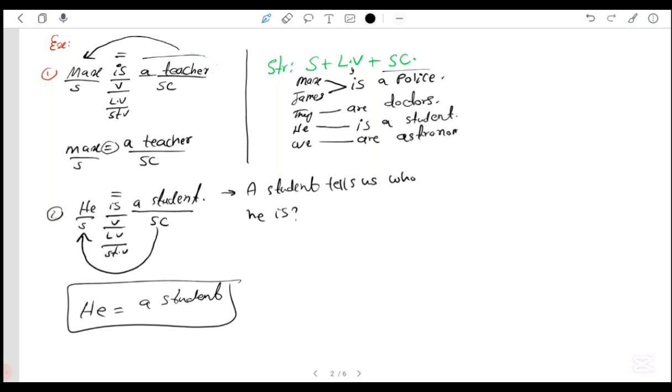and we are astronomers. Do you know the meaning of astronomers? Astronomers are scientists who study the stars, the constellations of stars. A constellation of stars is a group of stars existing in the sky. Like this, this is called a constellation, and maybe you have seen this shape at night.